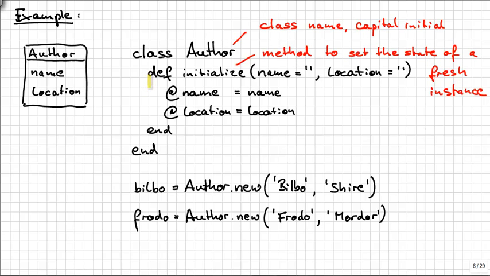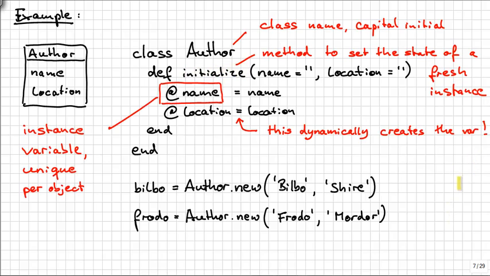Now there's one special method called initialize, which is always used to set the state of a fresh instance of the class. In Java, you would look at this as the constructor, but what actually happens is that when the constructor is called in Ruby, it then uses initialize to set the data state of the instance.